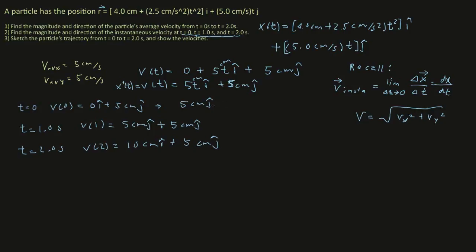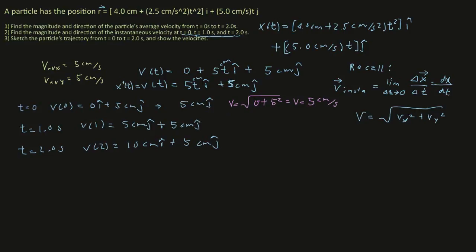So let's find the magnitude for when t equals 0. We have v equals the square root of, well, in the x direction, the velocity is just 0, so it's just going to be 0 plus 5 squared, so the magnitude is going to be 5 centimeters.